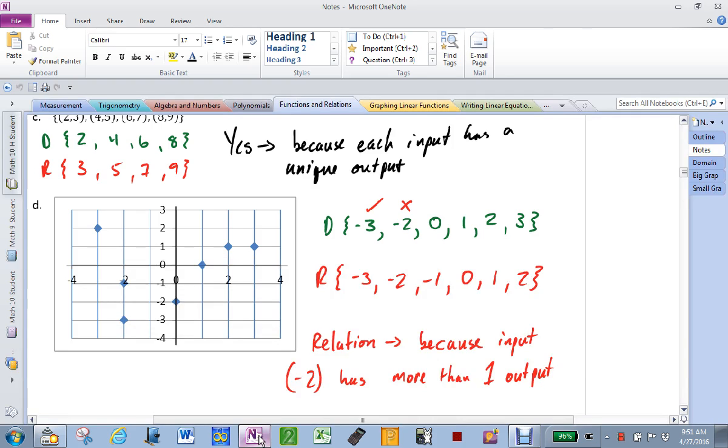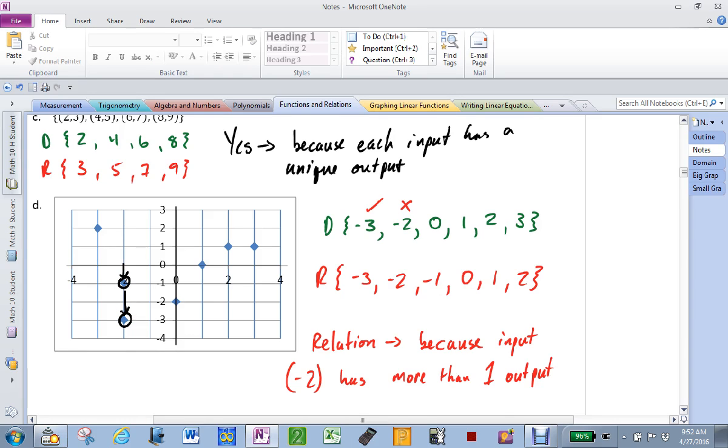So, this is where we ended last day. Right? Why didn't it work? Because right here, when I input -2, because my inputs are the domain, I hit 2 outputs, which means it cannot be a function because you don't know what your result is going to be when you input -2.